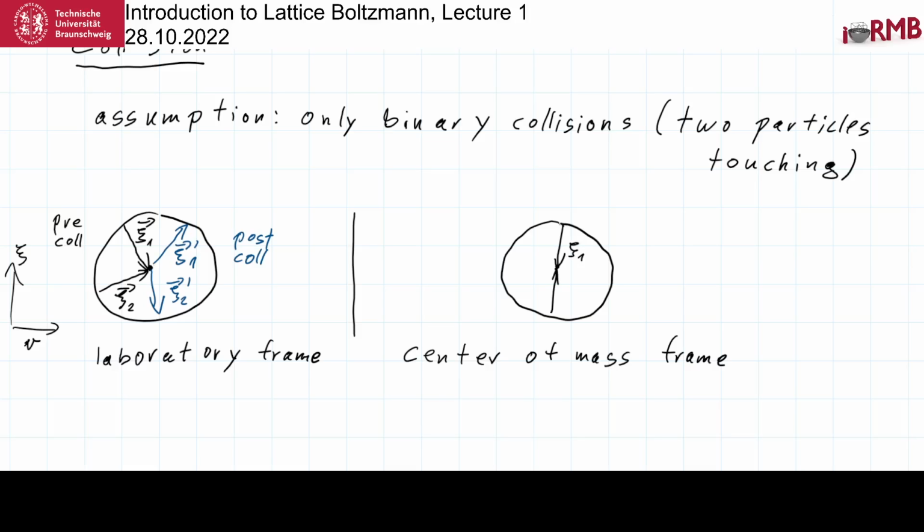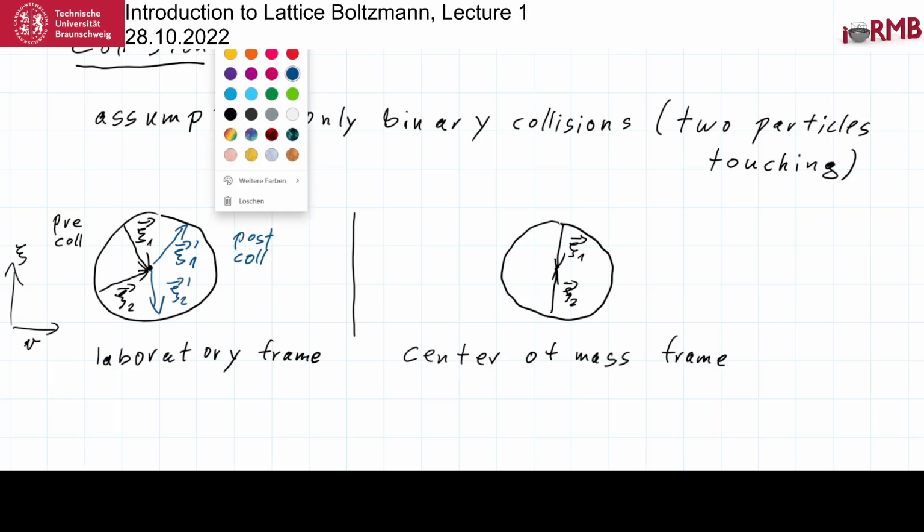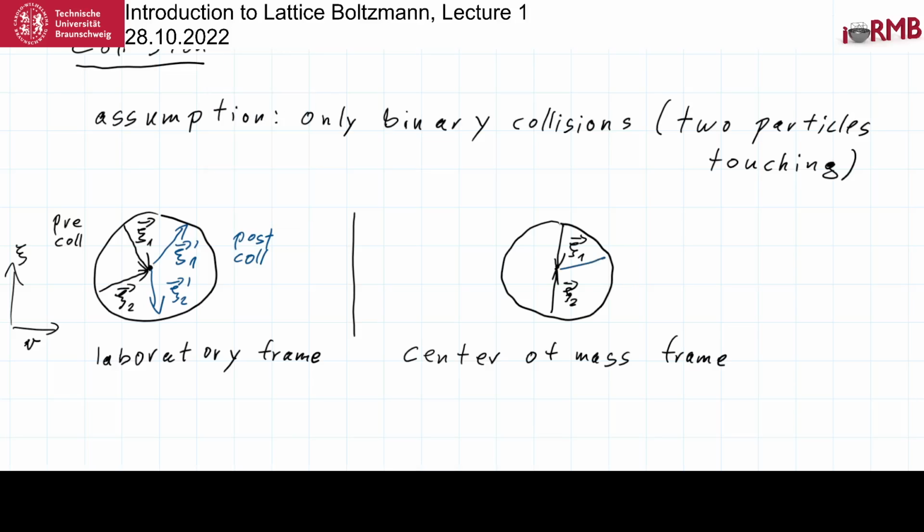So if we are in the center of mass frame of reference, xi1 and xi2 will always come this way. And also, because they have to conserve momentum, they have to go out the same way. So they come in head to head and they go out tail to tail, so to speak.